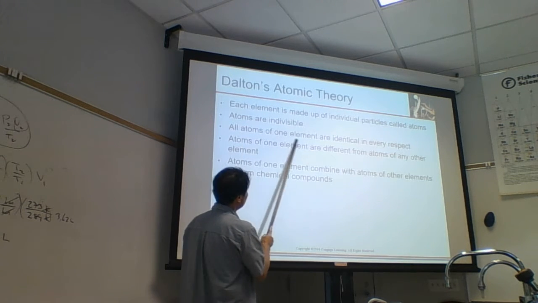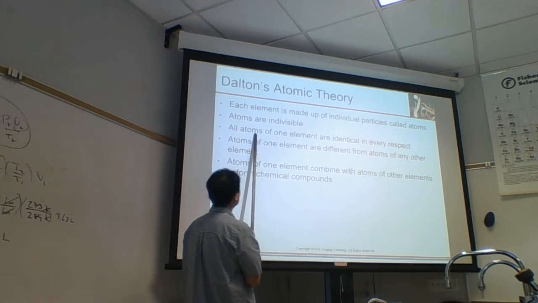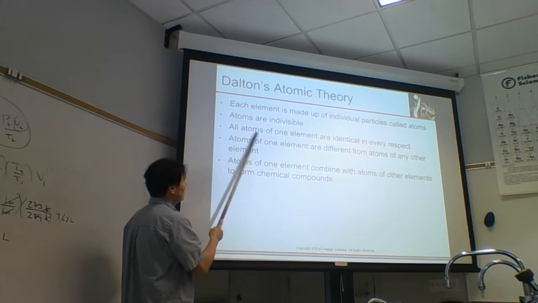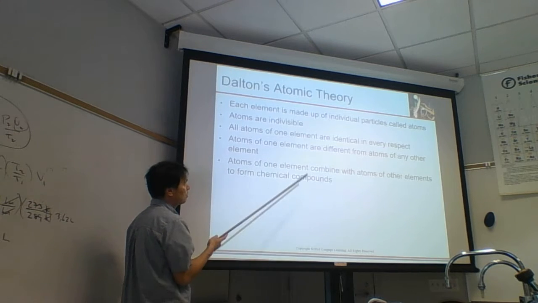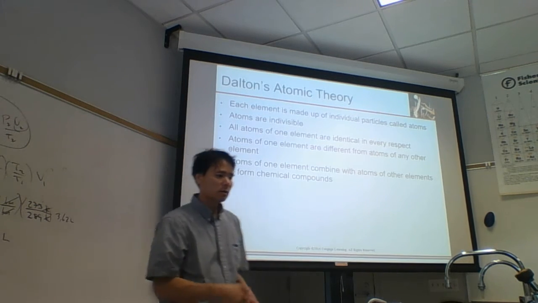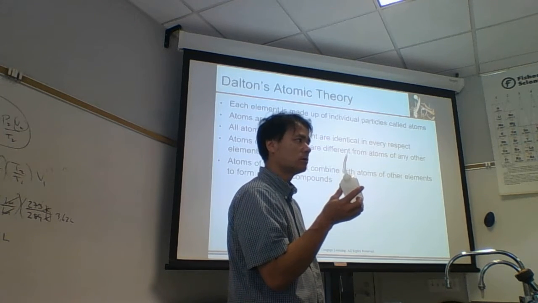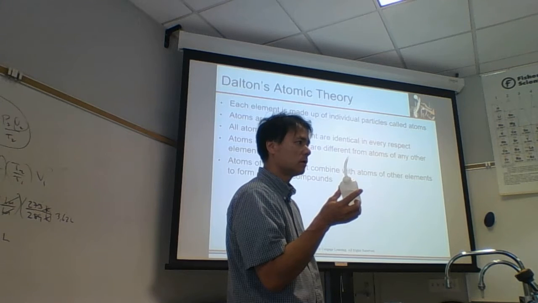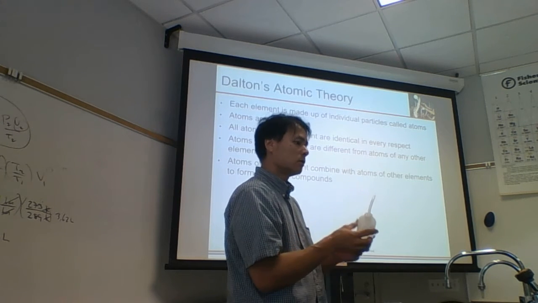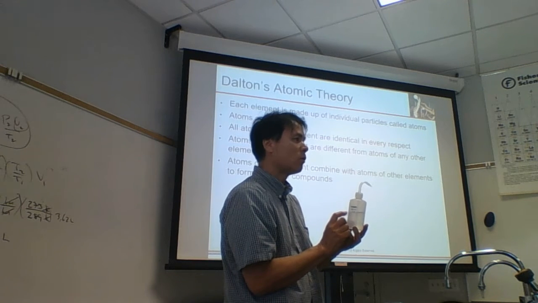All atoms of one element are identical in every respect. This turns out to be wrong. Atoms of one element have the same chemical properties, but they might weigh different amounts. I think I mentioned the water. Did I mention heavier water molecules and lighter water molecules? Actually some of the oxygen atoms in this water weigh more than others.